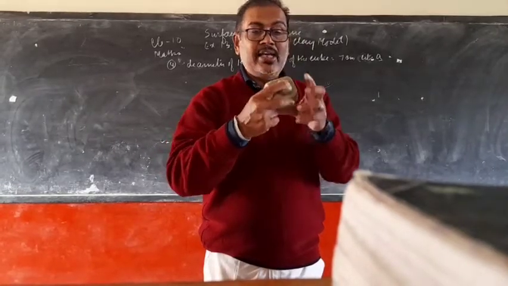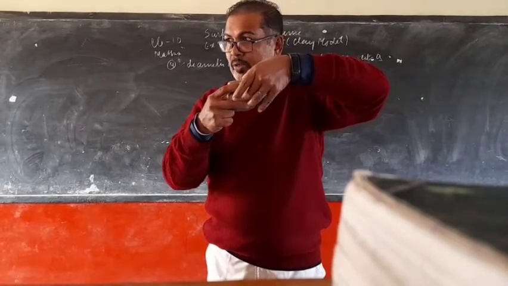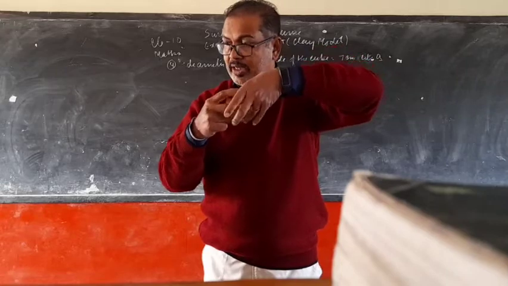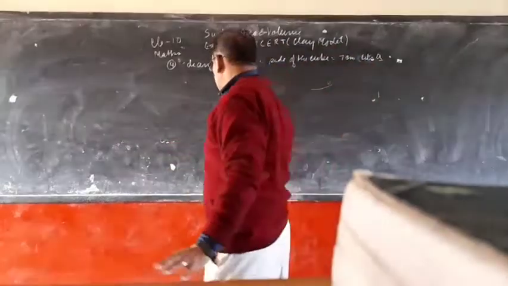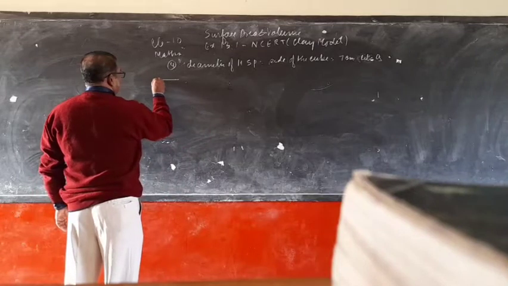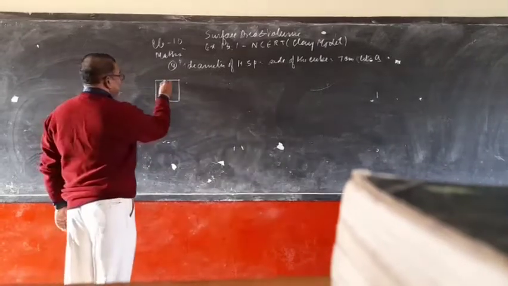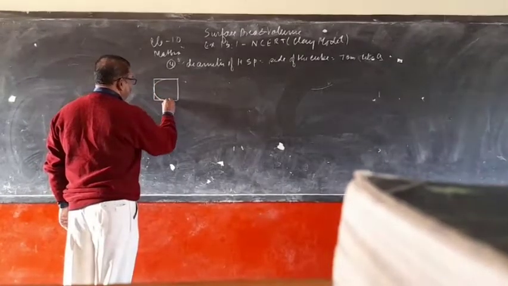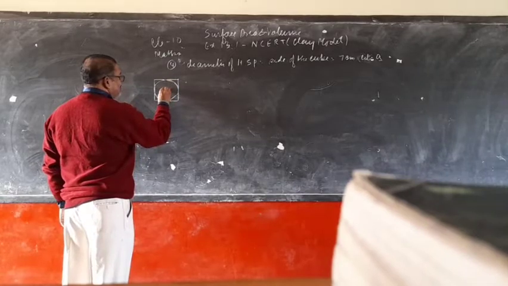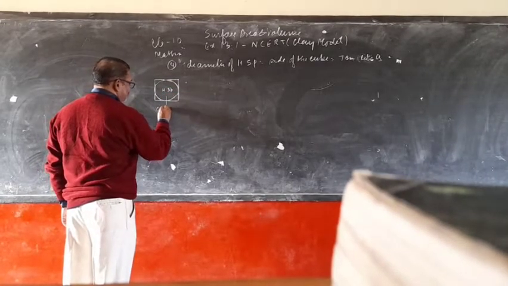Now we have to discuss this one, on which the hemisphere is surmounted. Now suppose I try to draw the figure. This is the one surface of the cube, and here is the circular base of the hemisphere. This is the circular base of the hemisphere.